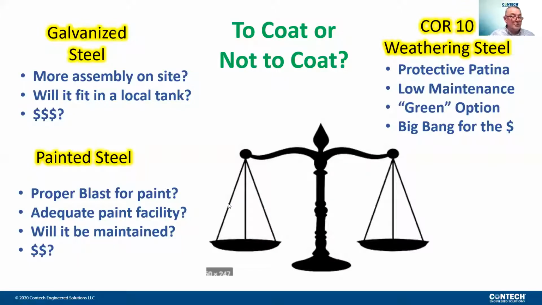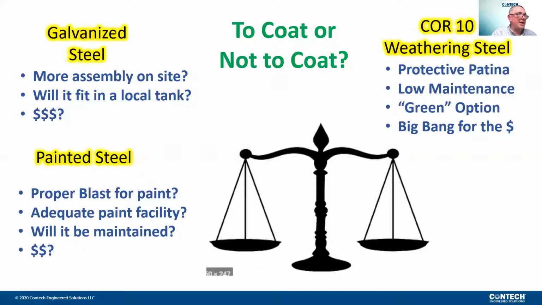Now I want to pause for just a minute and speak a little bit about different coatings and options that you may want to consider on a project. Weathering steel was discussed last week, and Core 10, which is the brand name for weathering steel, develops a hard protective patina on the outside through a series of wet and dry cycles.